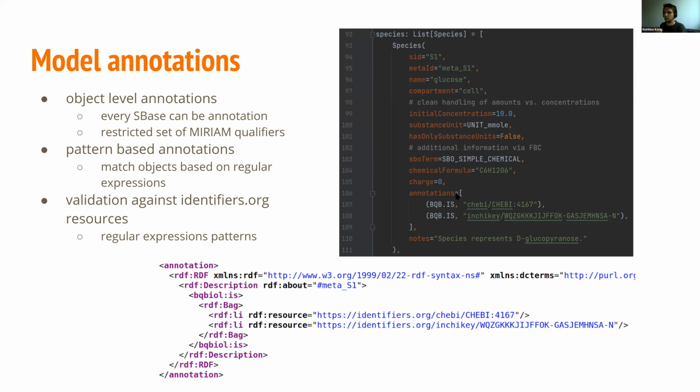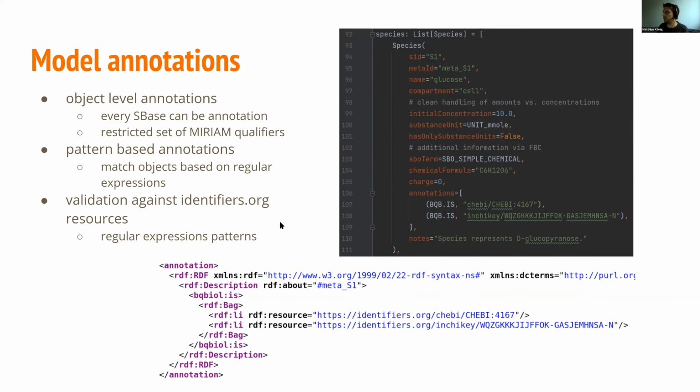In the next version there will be a full resolution. You have these annotations, but often you want the human-readable information. What are the definitions? What are the names of these entries? This should be injected into the model too, because it's not helping you much to read KB 4167. You want the information: is this glucose or not?